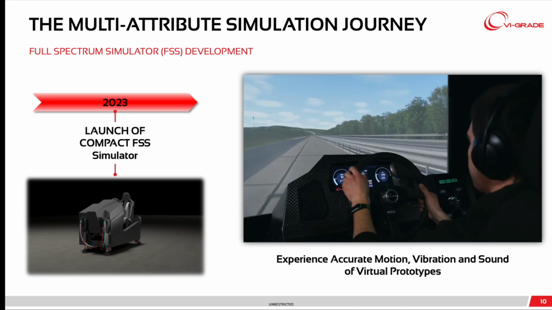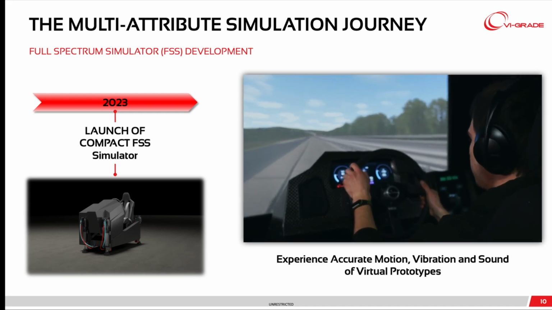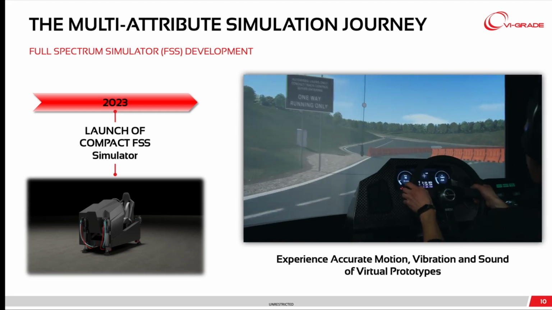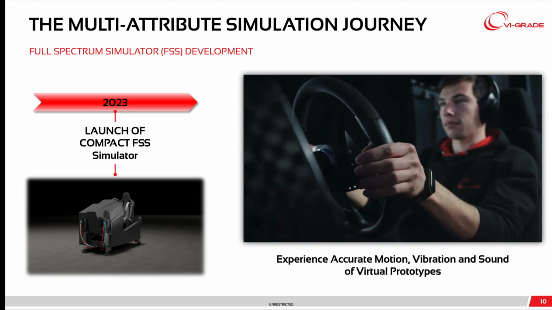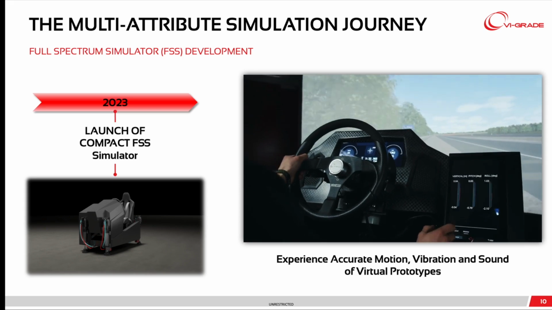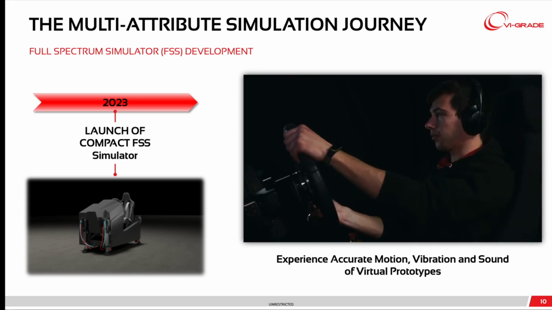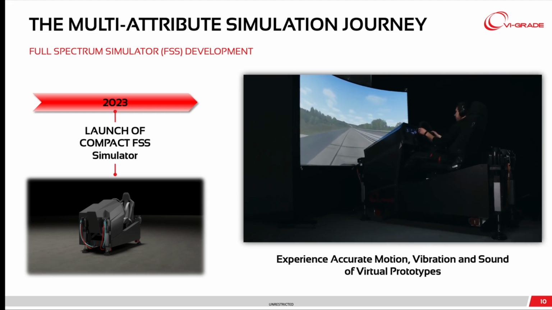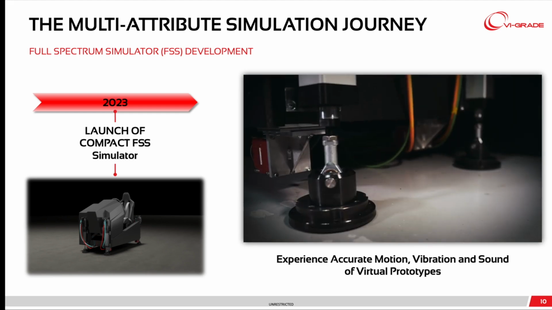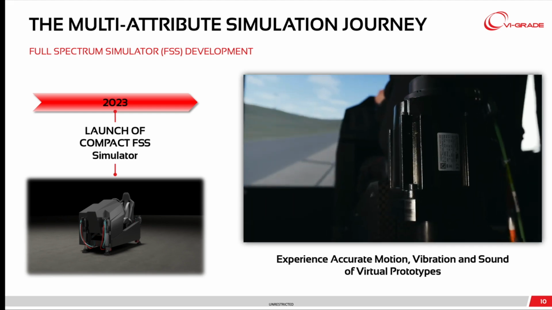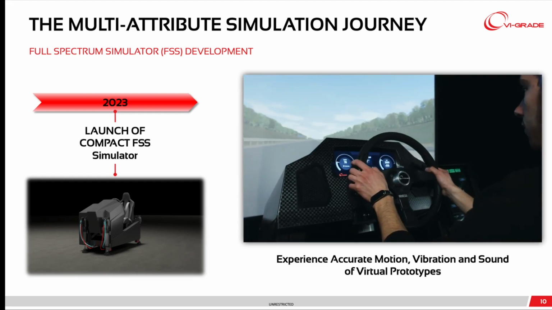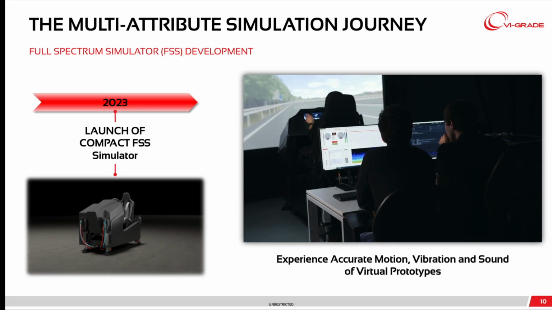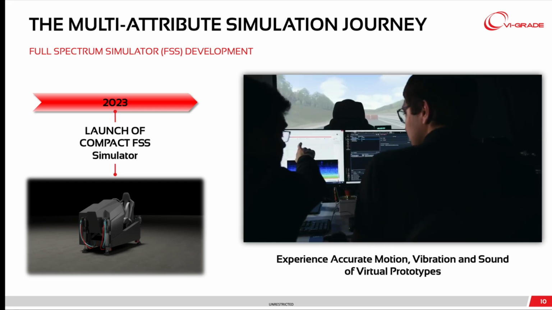We started in 2023 with the launch of the Compact FSS simulator. The Compact FSS shared the same carbon fiber chassis with the static compact simulator, and it is the first simulator combining the NVH and the handling worlds. So we are combining the low frequency, with the 4 legs installed at the 4 corners of the carbon fiber chassis frame.